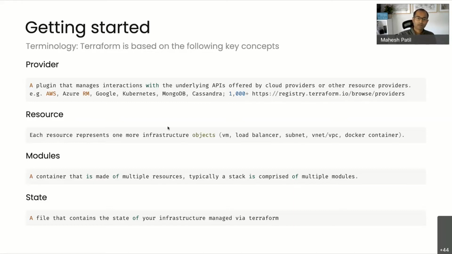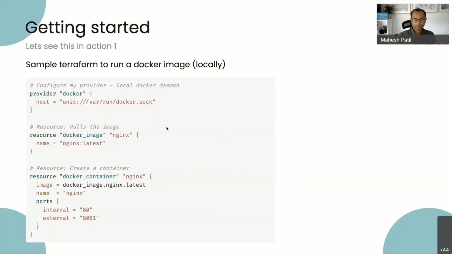Now, the other thing is when you are writing your Terraform, you must have seen multiple Terraform files, right? TF files, essentially. One of the most basic things you would see at the top is the provider, essentially, as I said previously.